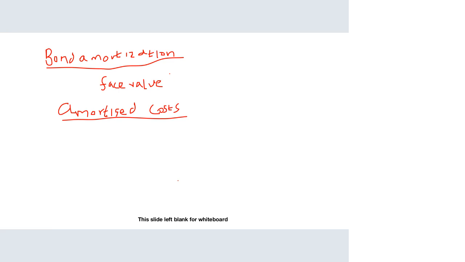Now, if we go straight away to straight line bond amortization, it is a method of amortizing the bonds. The straight line method is the easiest way to calculate the amortized cost.